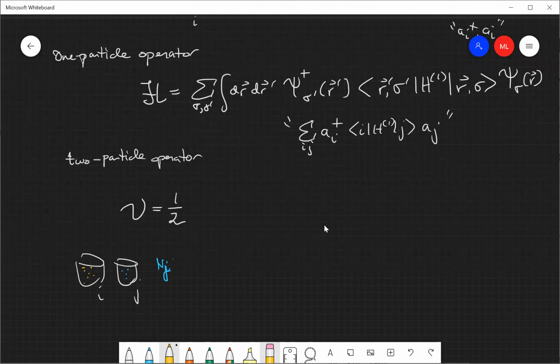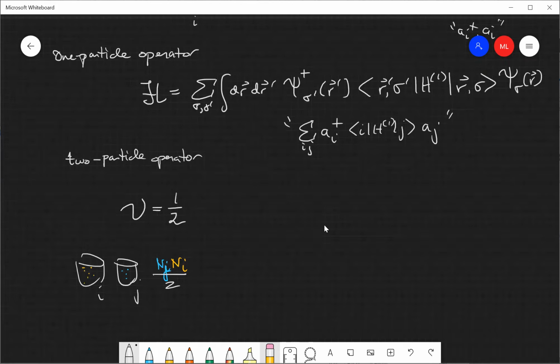Then you multiply by the number of particles in state I, it's Ni of those. But of course, it doesn't matter which order you pick them in, so the actual number is divided by 2. That's the number of pairwise ways of picking out pairs of particles from those two states.